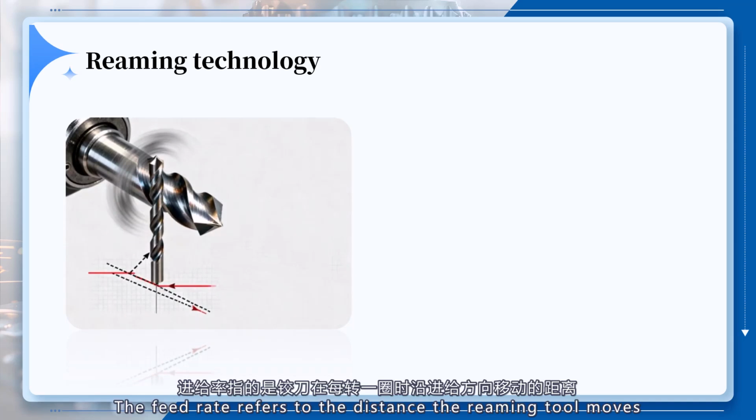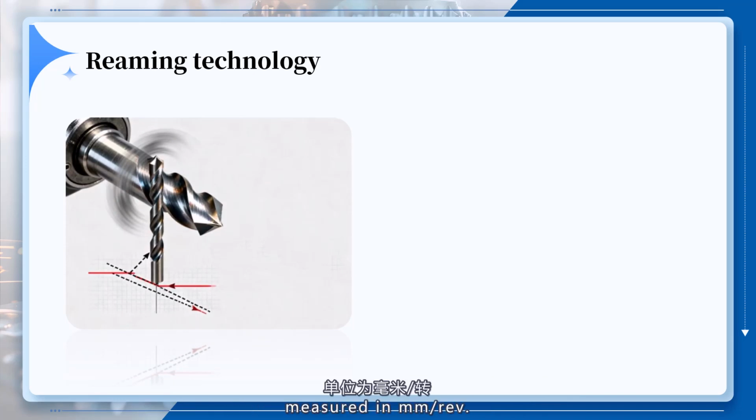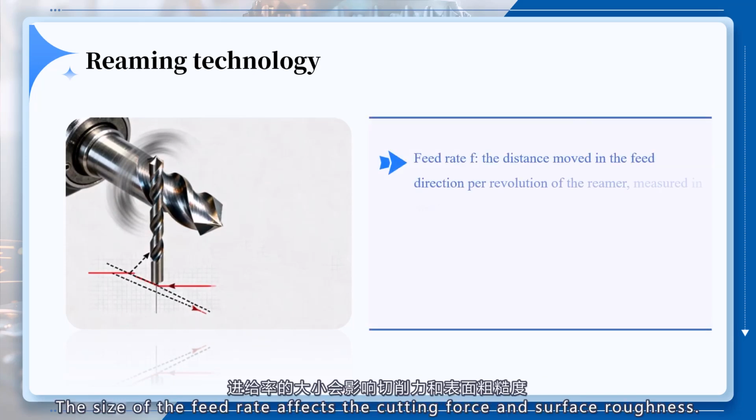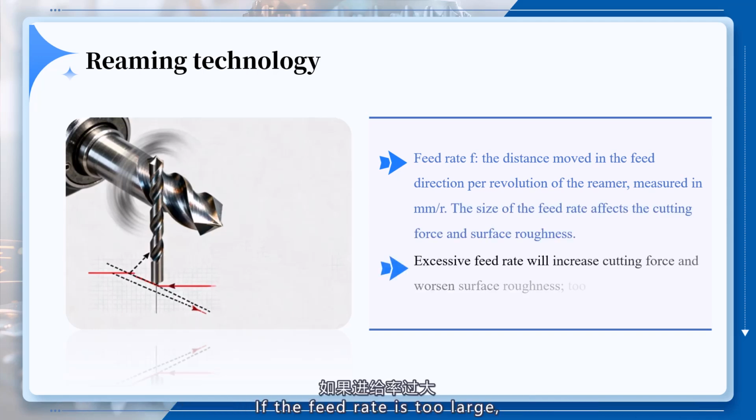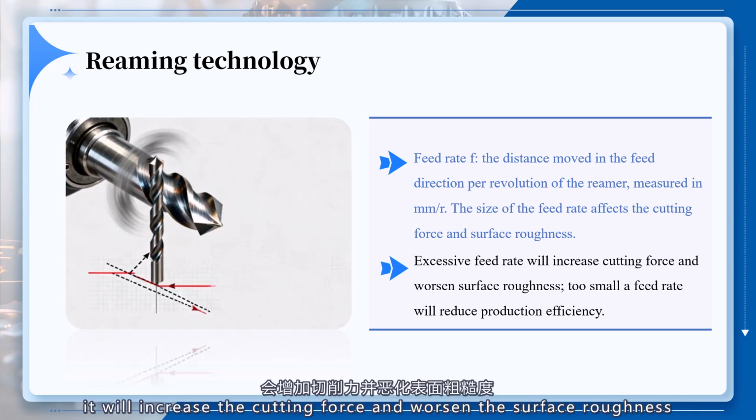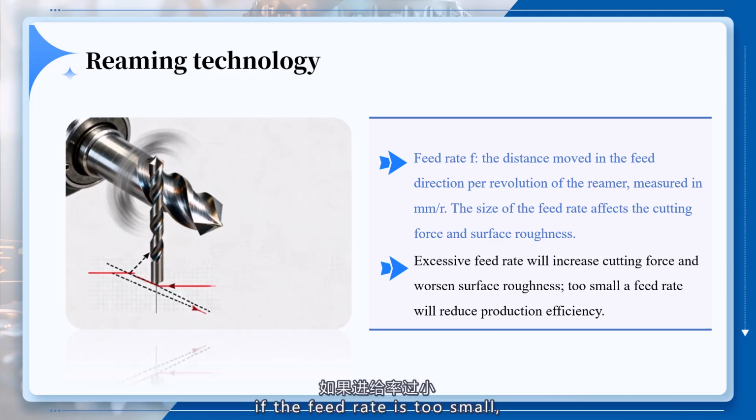The feed rate refers to the distance the boring tool moves in the feed direction per revolution, measured in millimeters per revolution. The size of the feed rate affects the cutting force and the surface roughness. If the feed rate is too large, it will increase the cutting force and worsen the surface roughness. If the feed rate is too small, it will reduce production efficiency.